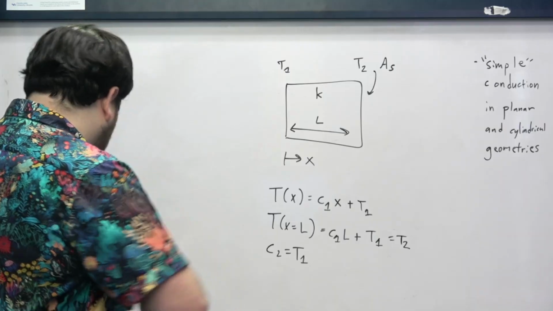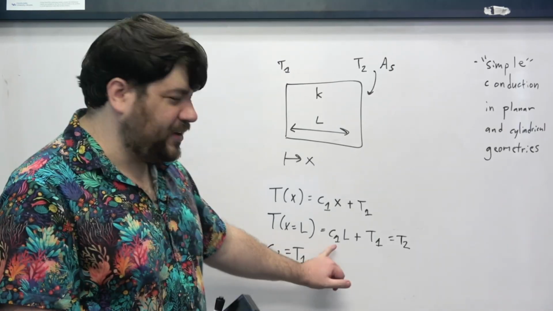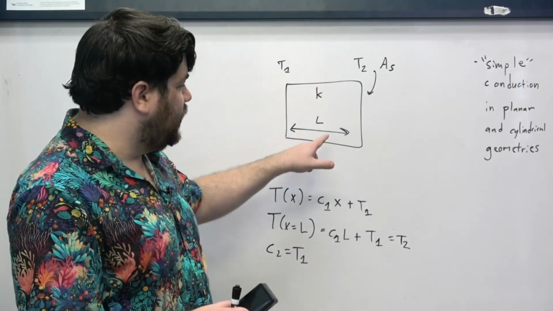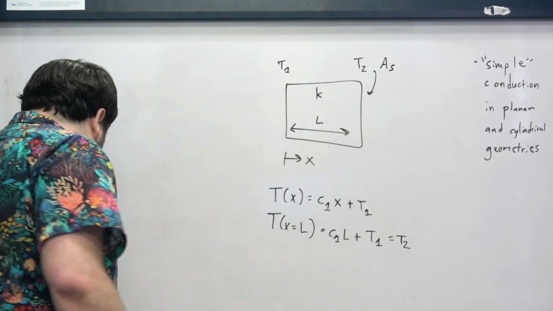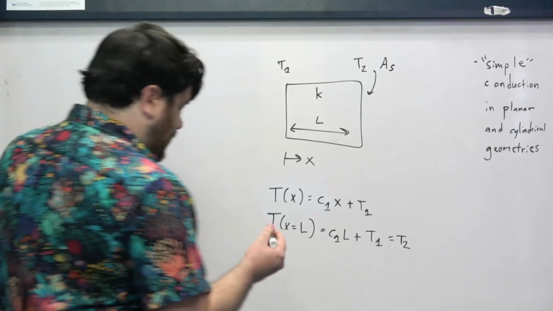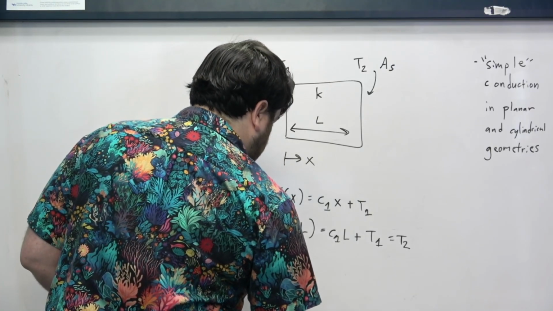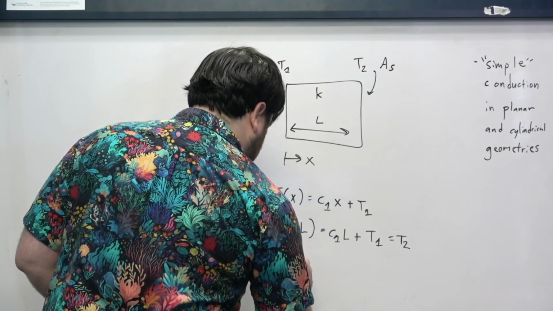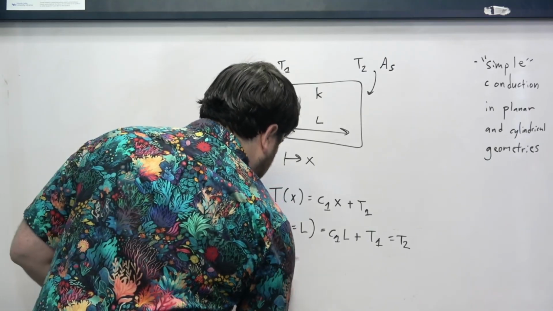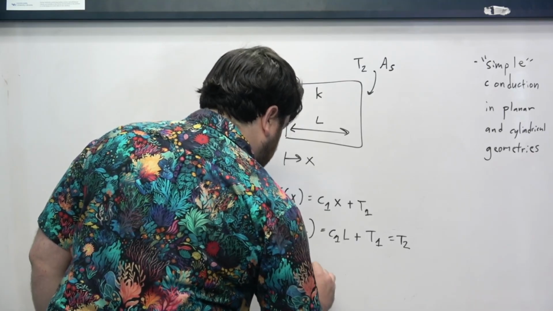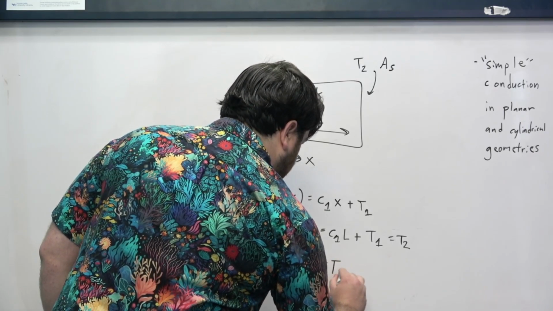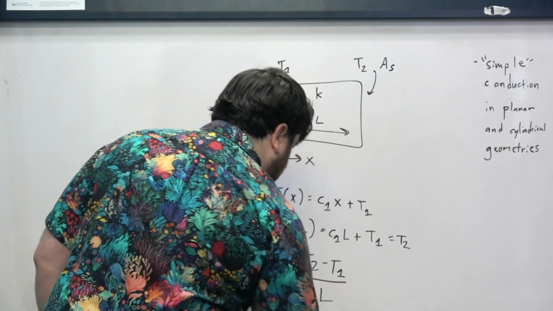And so this gives us enough information to figure out what C1 is, as long as we know what these properties are. And so ultimately, we wind up obtaining that C1 is just equal to T2 minus T1 divided by L.